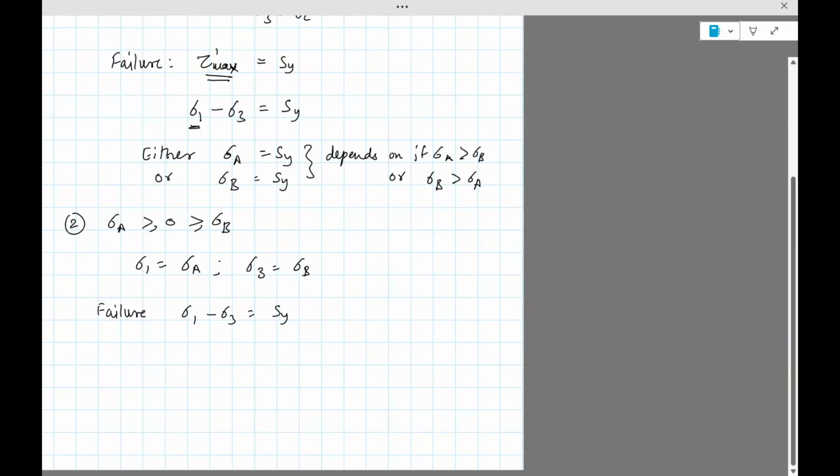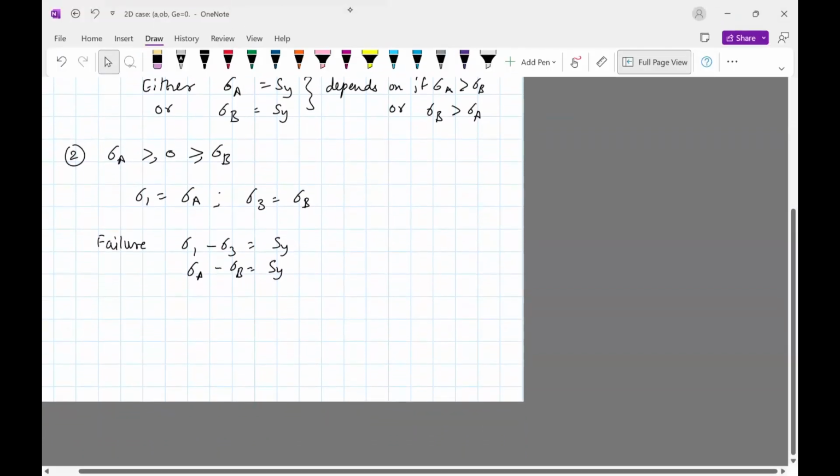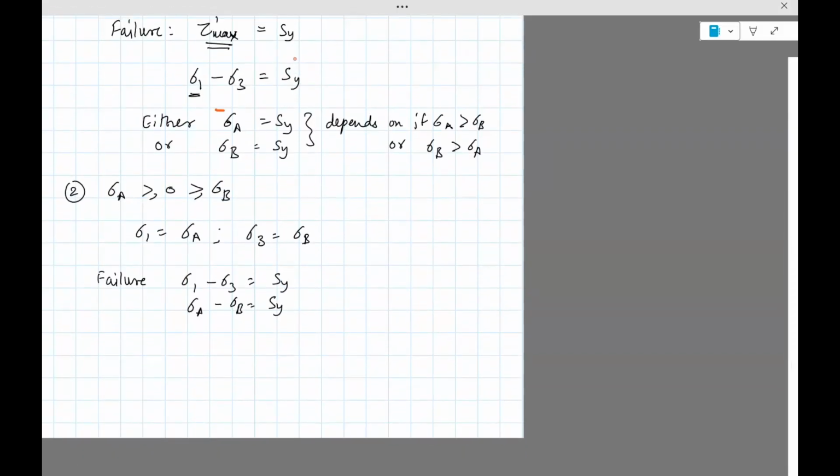In other words, sigma A minus sigma B equals sy. Let's just call that 1. This is my second condition.